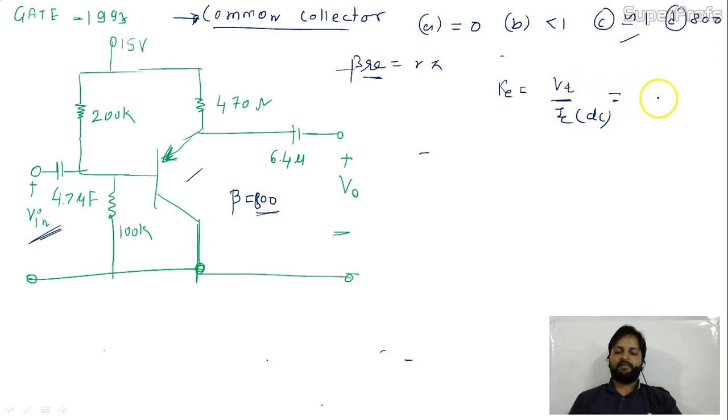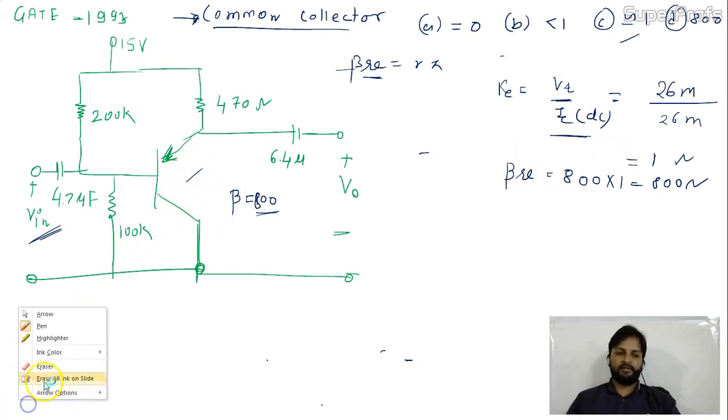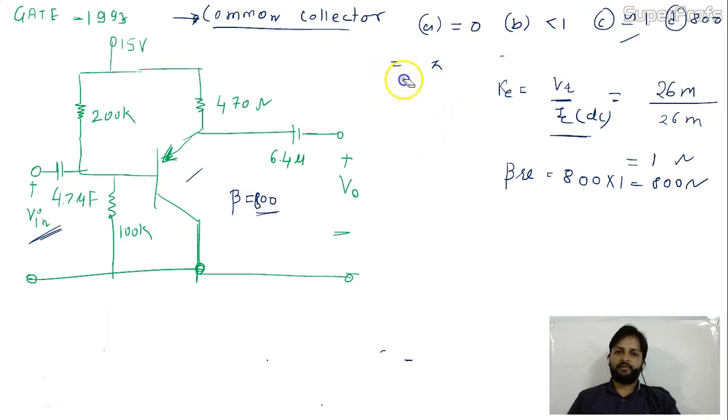We know VT is 25 or 26 milli, just near to 26 milli, and IC DC you have calculated as 26 milli, so the value of this is 1 ohm. Now you need to calculate beta RE. So beta RE is nothing but 800 into 1, so 800 ohm. Now you can replace this by the equivalent resistive network. Now I'll do the AC analysis for this.